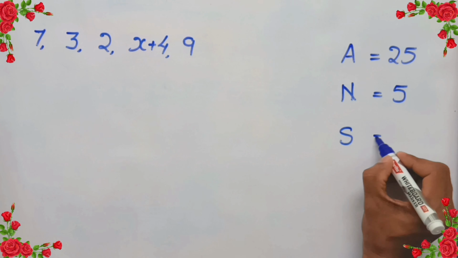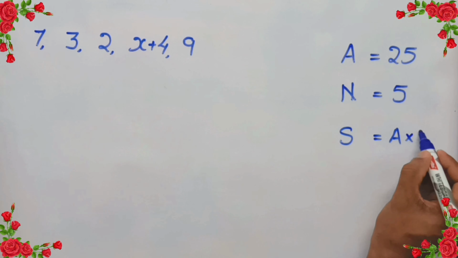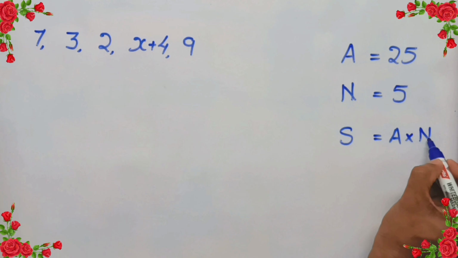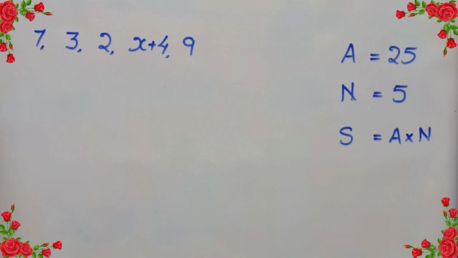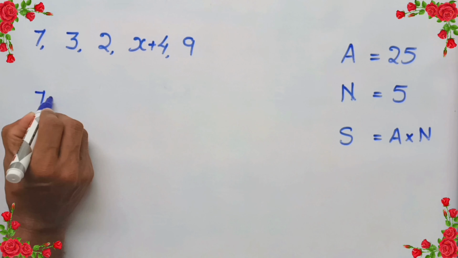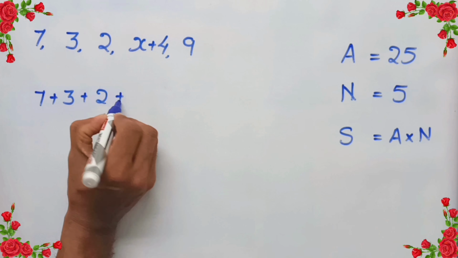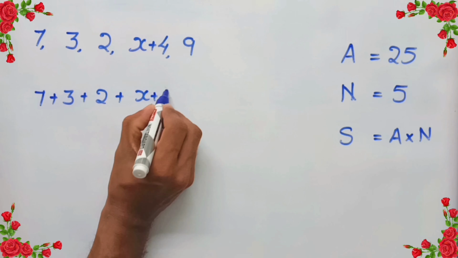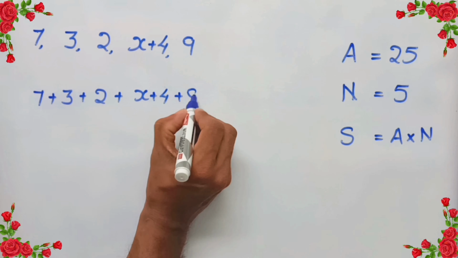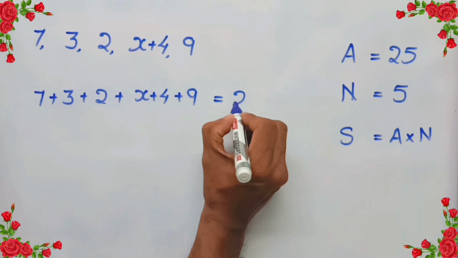And the formula to find the sum of observations is average into number. Let us add the observations together. 7 plus 3 plus 2 plus x plus 4 plus 9, which is equal to 25 into 5.